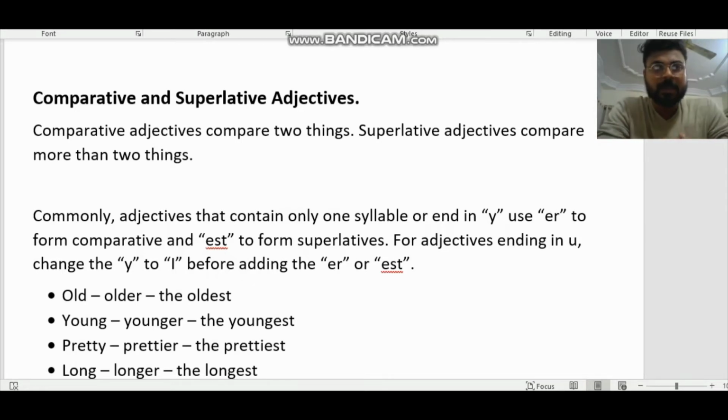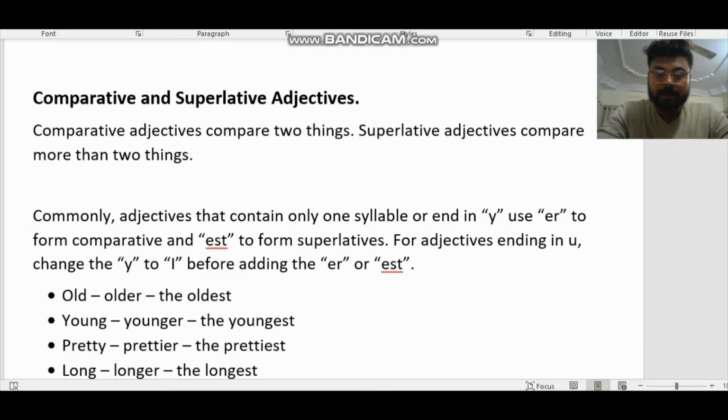Great. So now you see here, I have written a small definition of comparative adjectives. It's simple. From the name comparative, you can simply take out the word compare, right? Because comparative has come out of the word compare. So we understand comparative means to compare between two things.